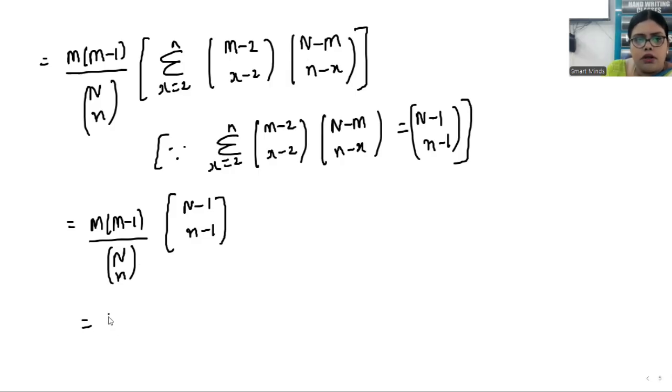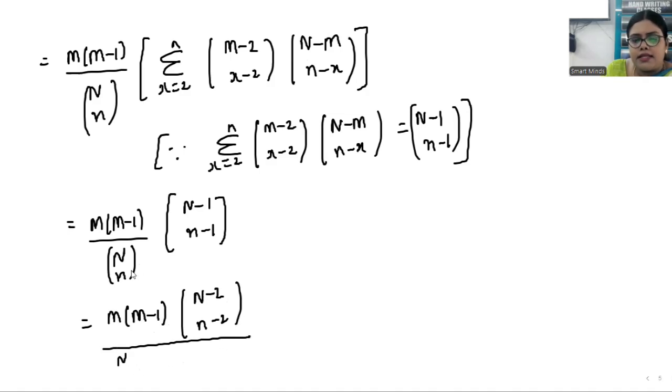So that is equal to m into m minus 1 into N minus 2 C n minus 2 by, how can we write this NCn? N by n into N minus 1 by n minus 1 into N minus 2 C n minus 2.